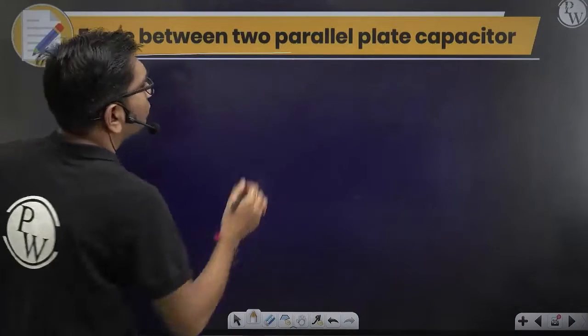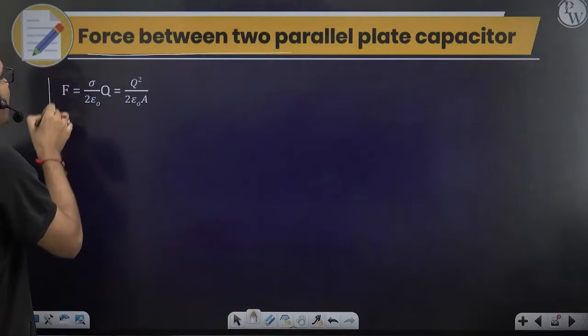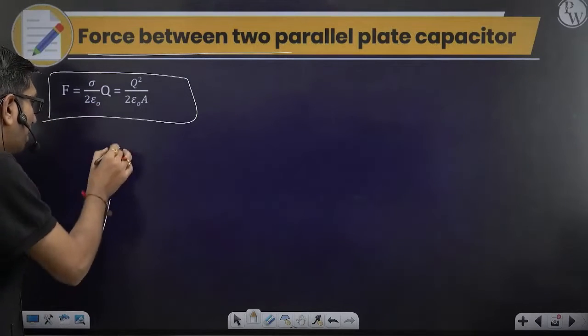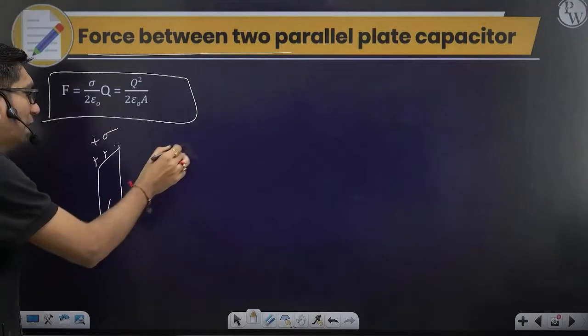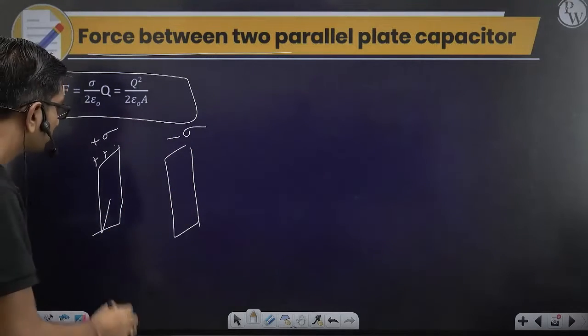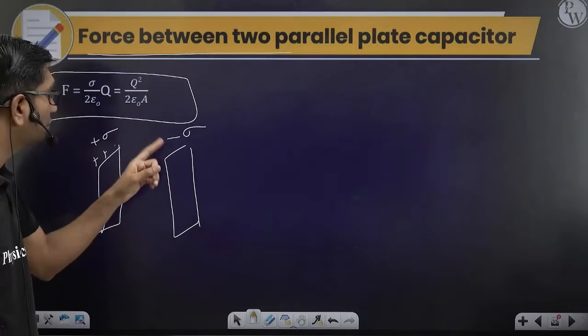Next, force between two parallel plate capacitor. There are two parallel plates now. What is the force between them? This one is a force. Sigma is what? I said, you know. Parallel plates, so what you get? Plus sigma, and next one is minus sigma, right? Because areal charge distribution we have to take.